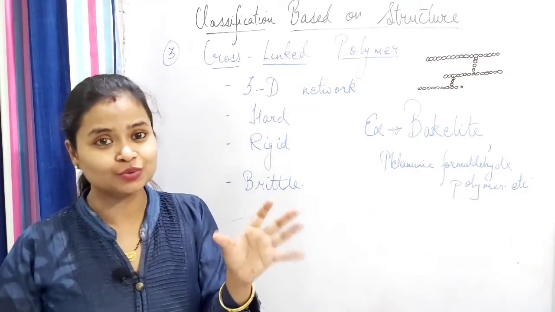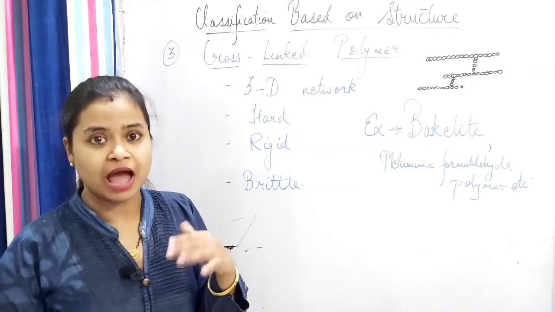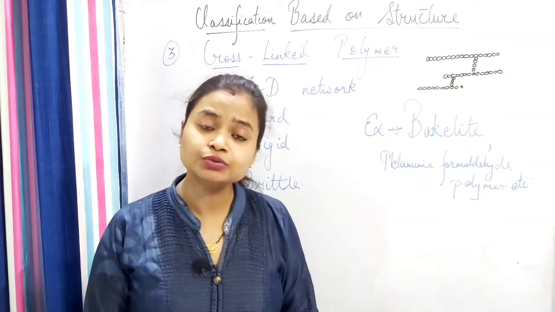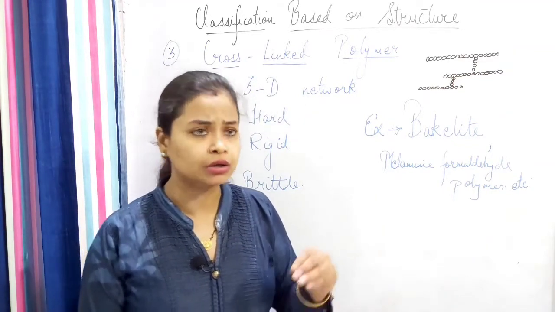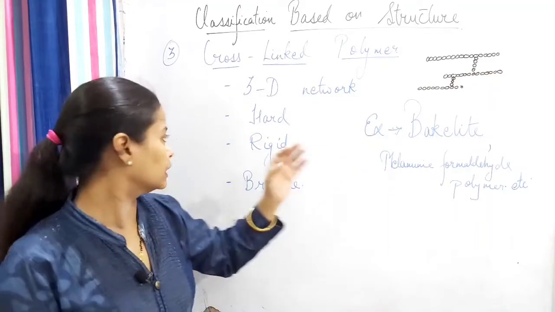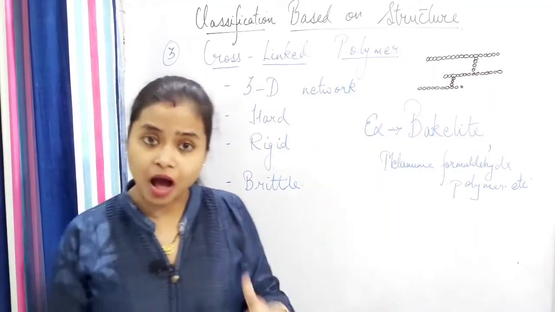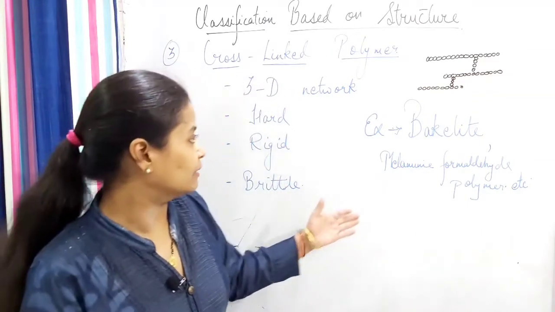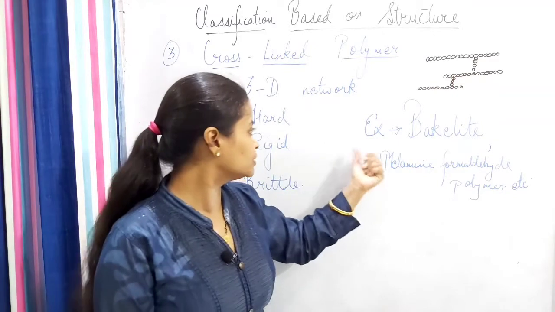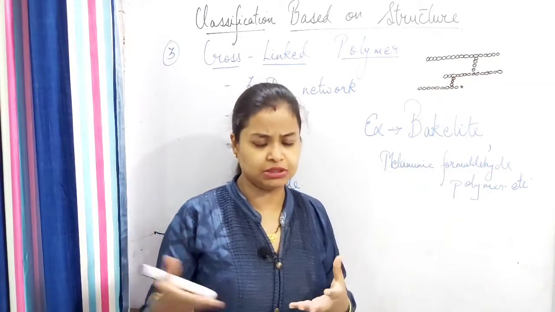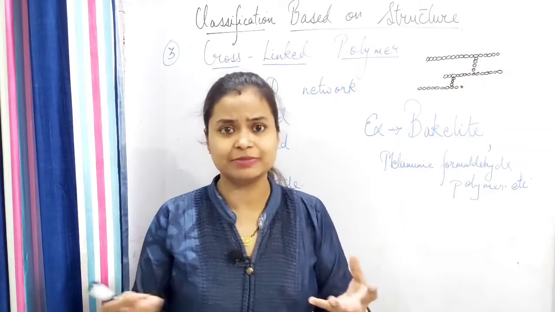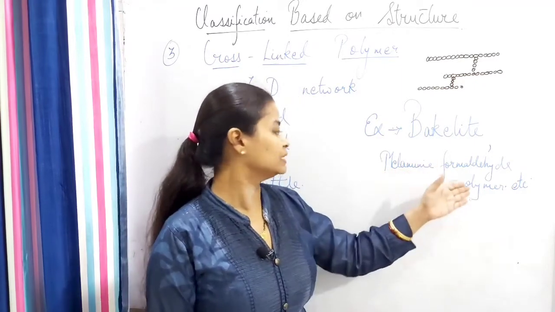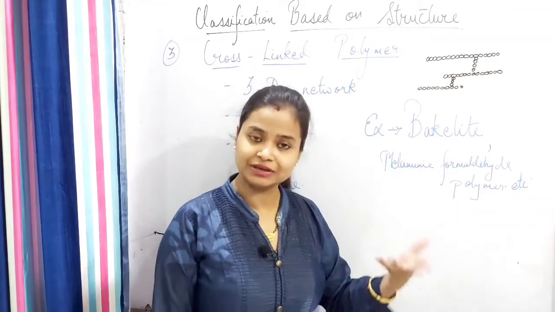Due to this three-dimensional network or extensive cross-linking, these polymers are hard, rigid and brittle. Examples for such polymers are bakelite. All these non-stick wares' handles, these black handles, are made up of bakelite only. Then melamine formaldehyde polymer, etc. This we'll study further.